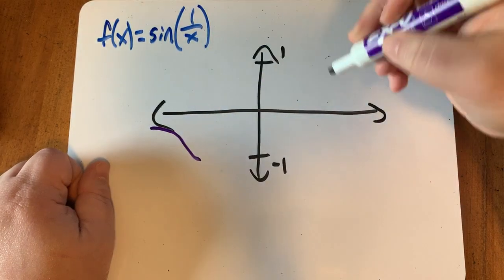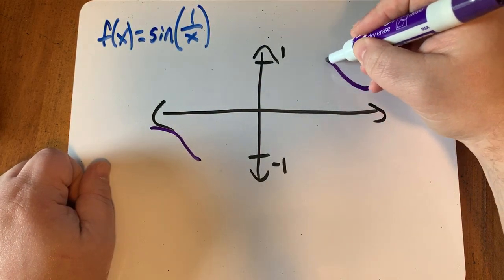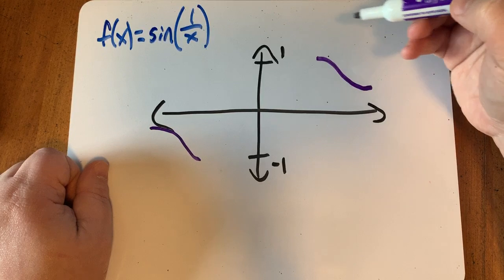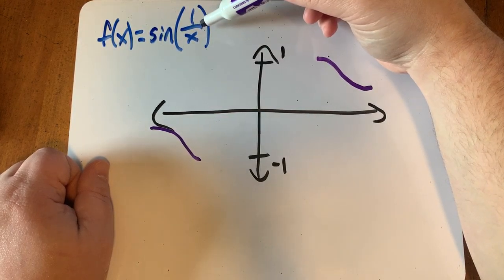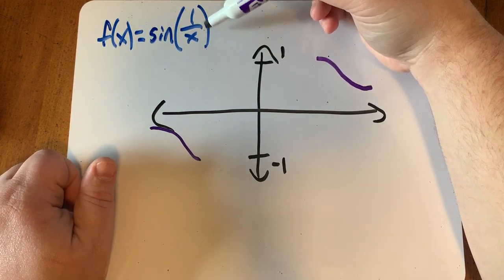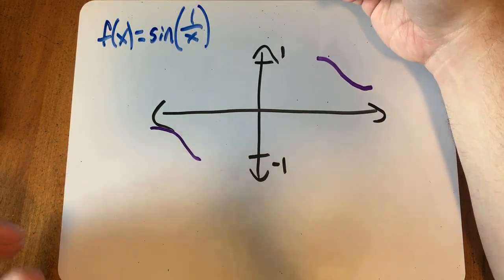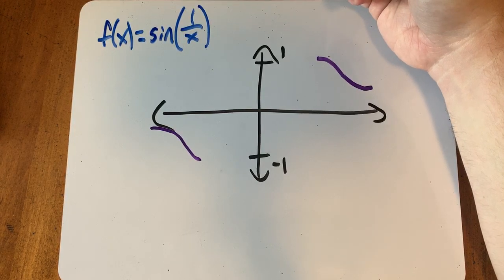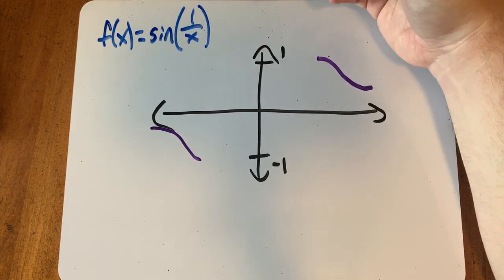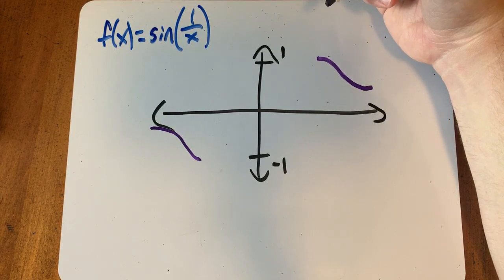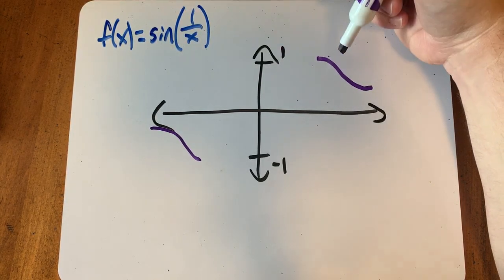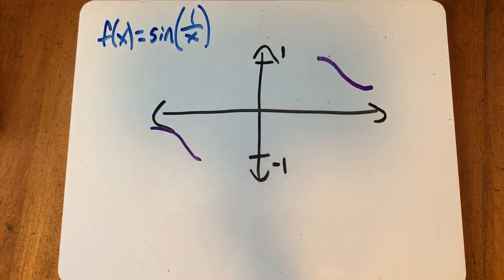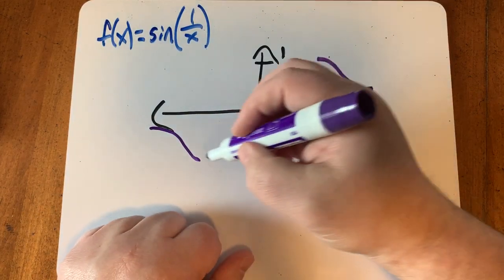It behaves kind of like a sine on the outskirts. But since we're dividing by x, instead of 1 times x, it's 1 divided by x, we're actually changing the period not on a linear scale like we would if it was just sine of 2x. We're changing it on an exponential scale. So as we get further out, the period gets wider, but as we get closer in, it's a very, very infinitely narrow period.